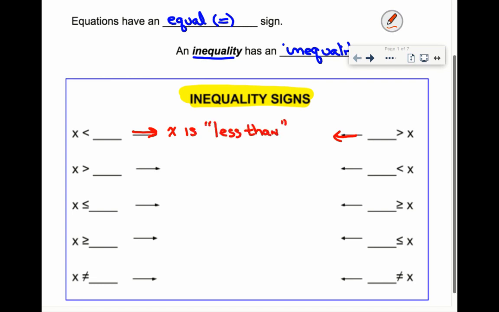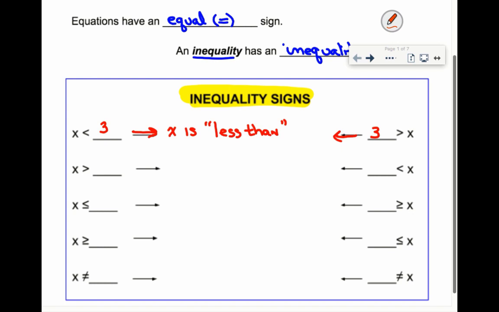I'm going to put a number here just to show you. So if I had 3 here, we would say X is less than 3. Same with over here. Even though the X is on the other side, it's still read X is less than 3, or you can read that as 3 is greater than X, which we don't want to go there. We always want to start with the X.